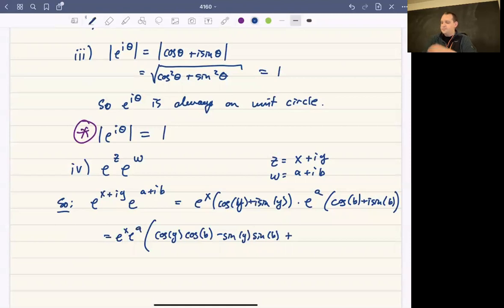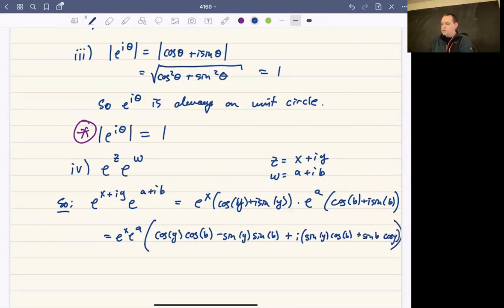That's the first terms multiplied together and the last terms multiplied together, with the minus coming from i squared, and then the middle terms, the inner and outer terms. So this will be plus i times sine of y cosine of b plus sine of b cosine of y.